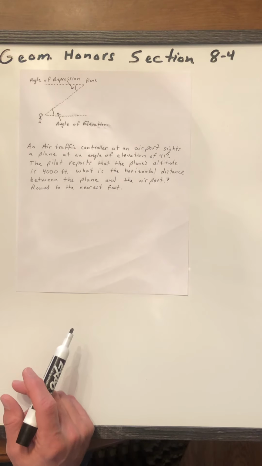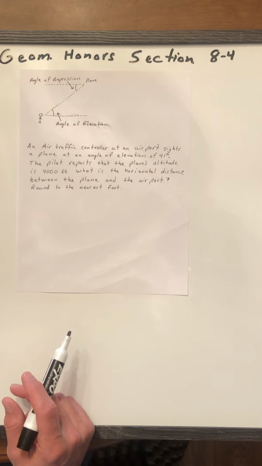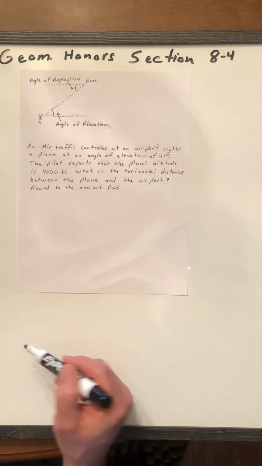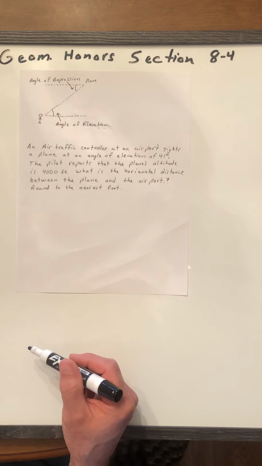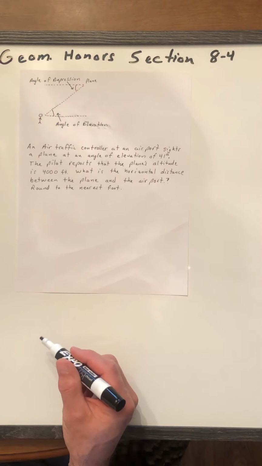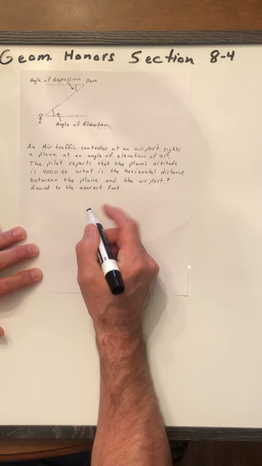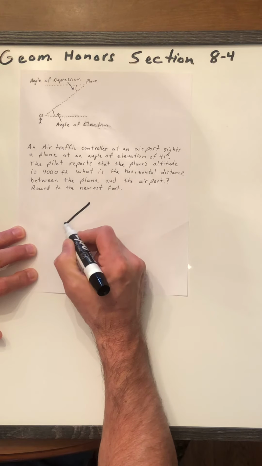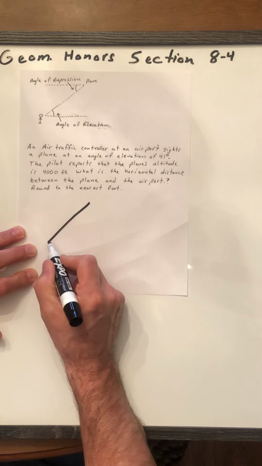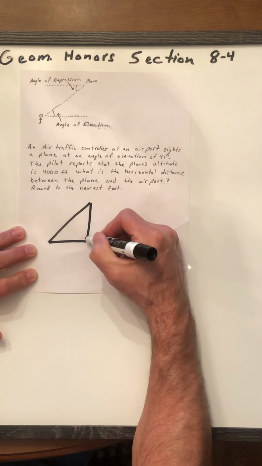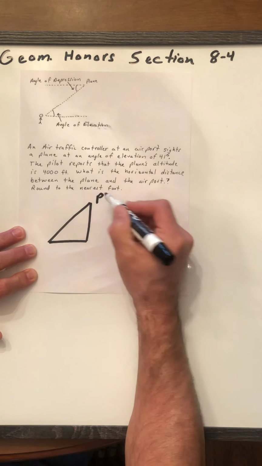First of all, we need to draw a diagram to illustrate what is happening in this situation. So I'm going to make a triangle, where up here I have the plane.